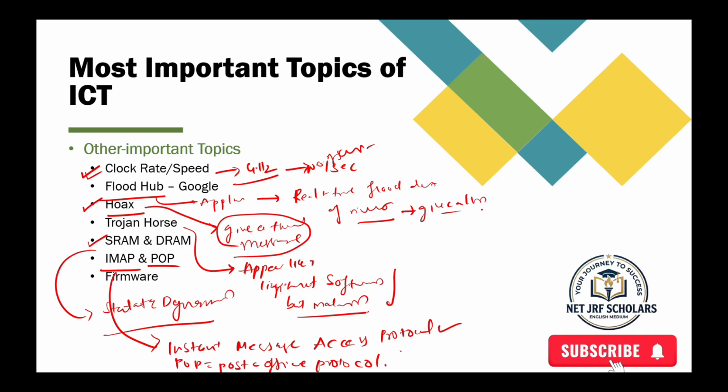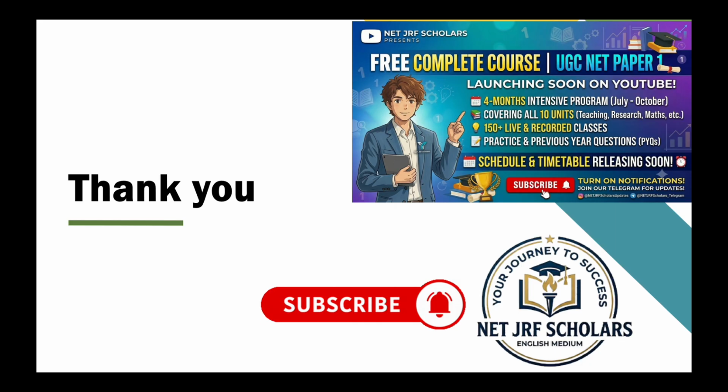So they usually ask the expansions of these terms in the examination. Then we have a concept called firmware, where the hardware in a system has some software to function or to connect with other hardware systems. So that is called firmware.